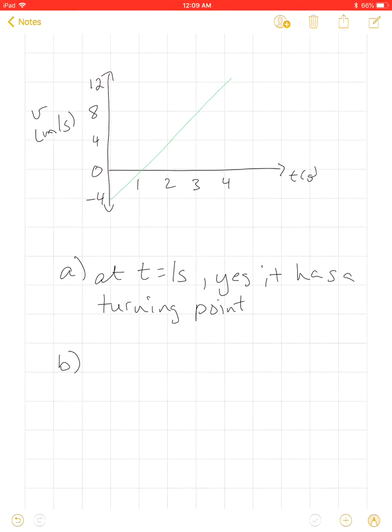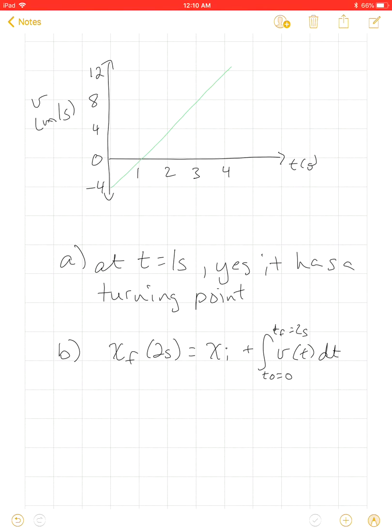Okay, that's the first part of the problem. The second one says, what is the object's position at 2 seconds and 4 seconds? Now to find the position, we want x final at 2 seconds. And remember, this is equal to the initial position plus the integral of the velocity. And our initial time here is going to be at time t naught, or 0. And our final time is going to be 2 seconds.